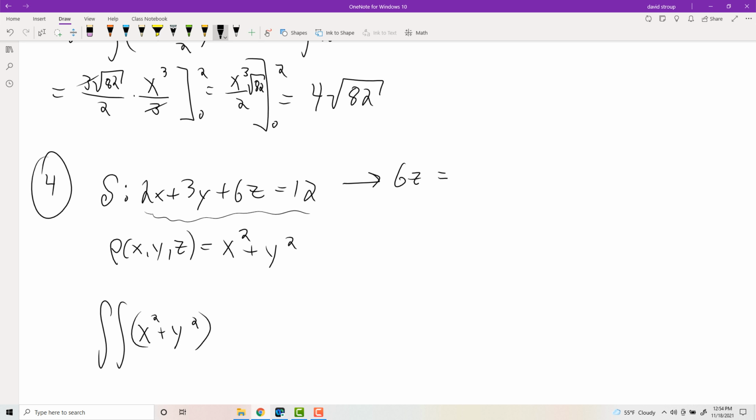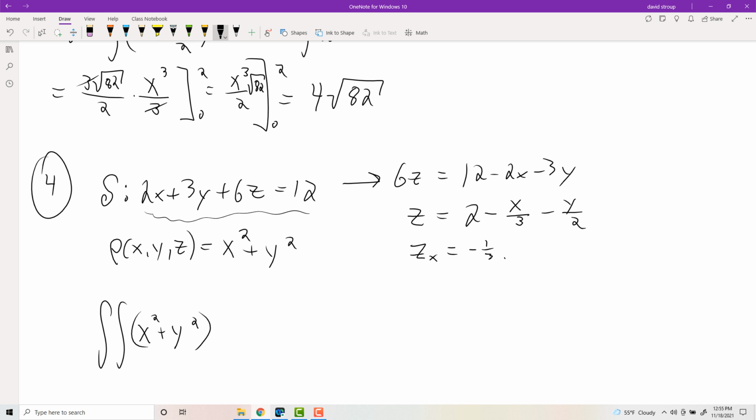So 6z equals 12 minus 2x minus 3y divided by 6. 2 minus x over 3 minus y over 2. And then I need zx, which will be, what?